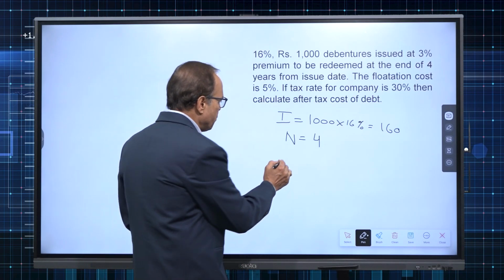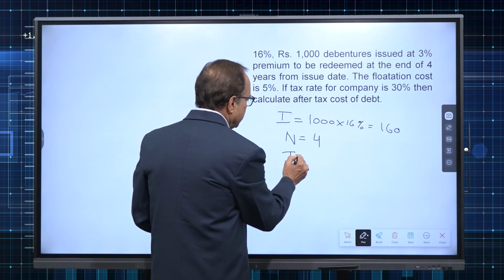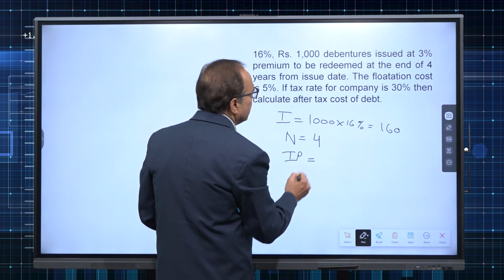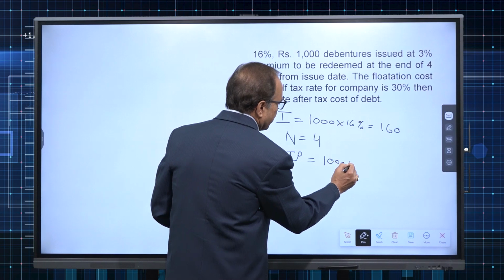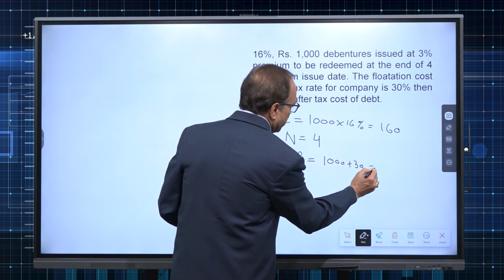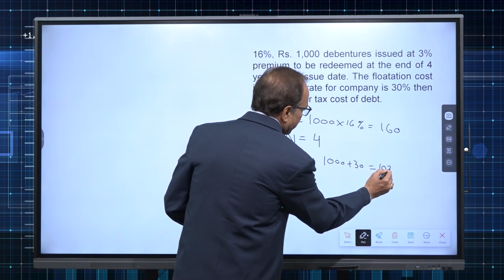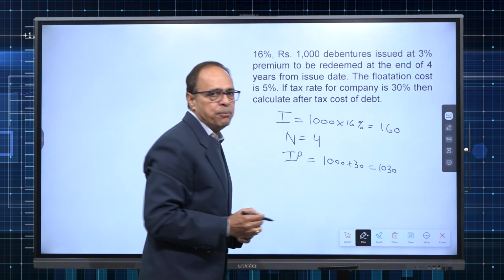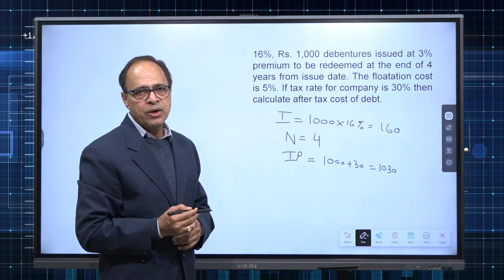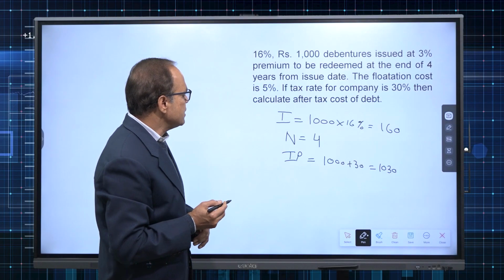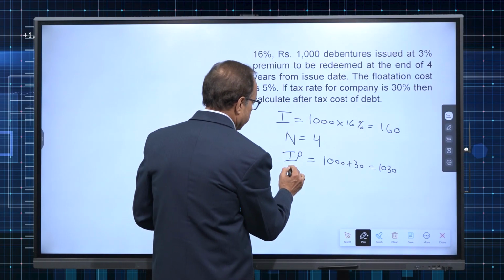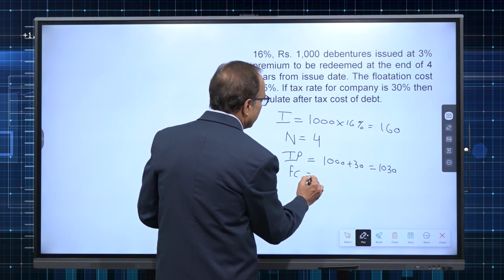Now what is the issue price? These are being issued at a premium of 3%. That means 3% of 1000, that is 30, is your premium. So company will get 1030. However, the company has to spend flotation cost. So what is the flotation cost in this case? 5%.